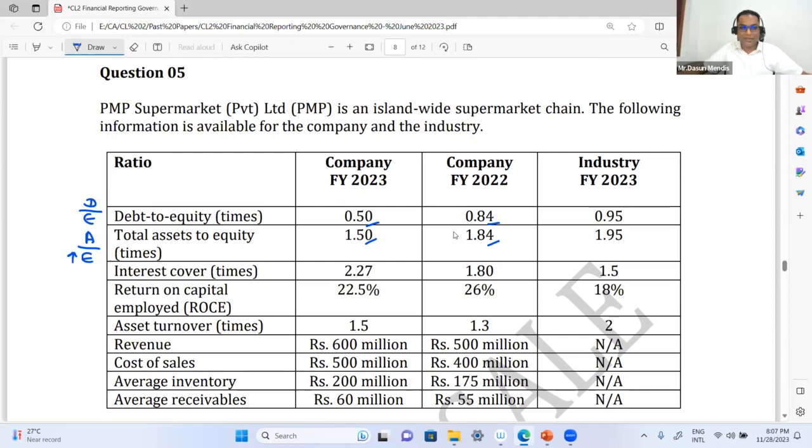Your equity value is going up means this ratio is coming down. So your equity value is going up means your gearing is getting reduced. So both these ratios, debt to equity and asset to equity, show that the gearing position of the company has come down. And also the gearing position of the company is significantly below the industry average. So the industry figures are high.